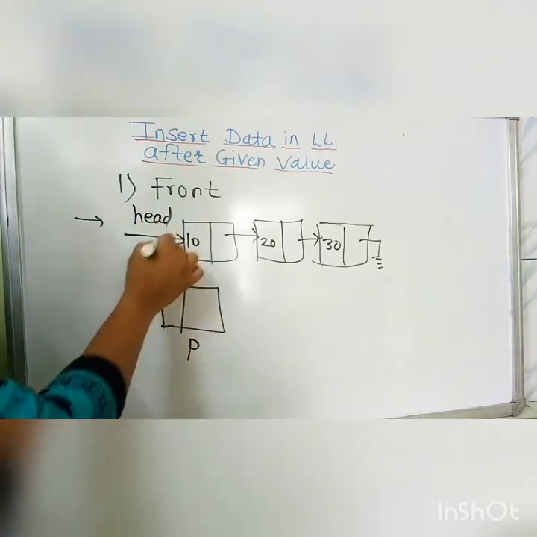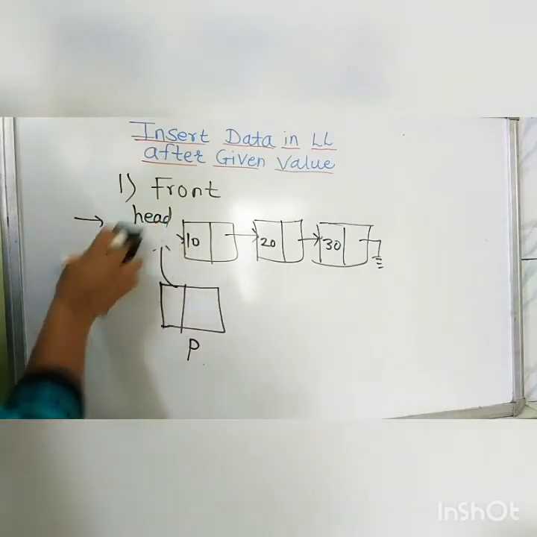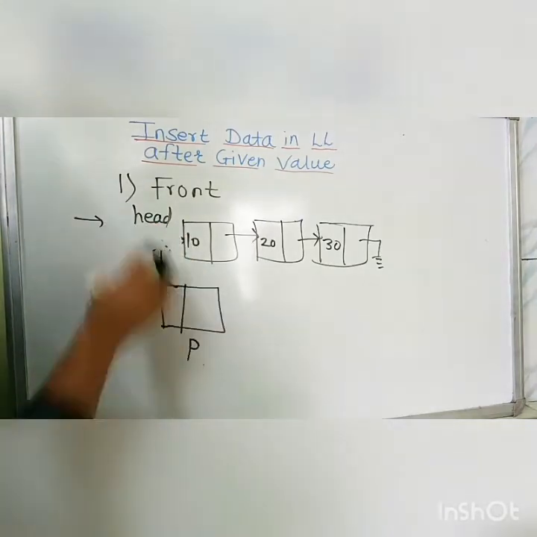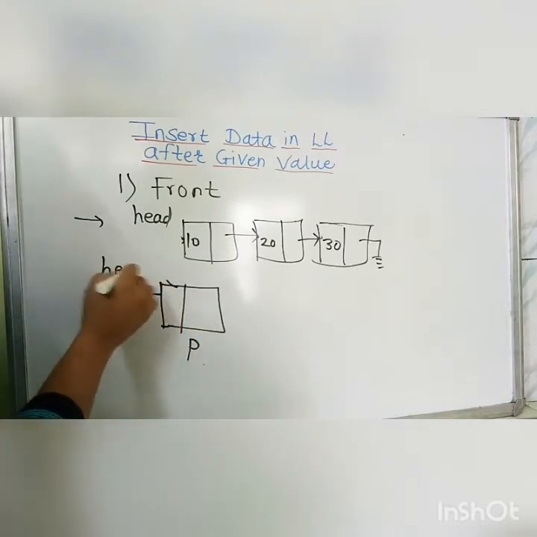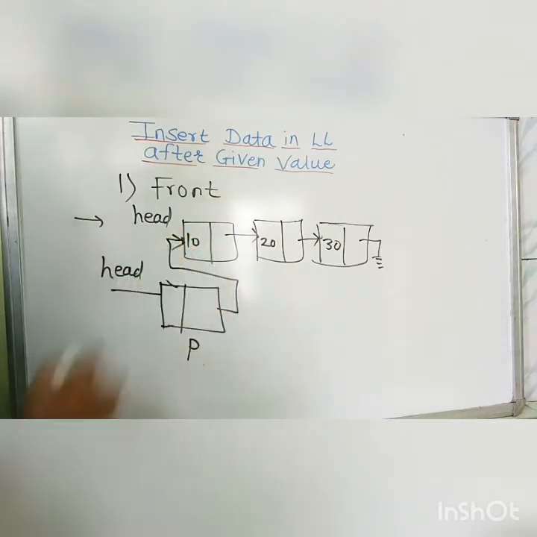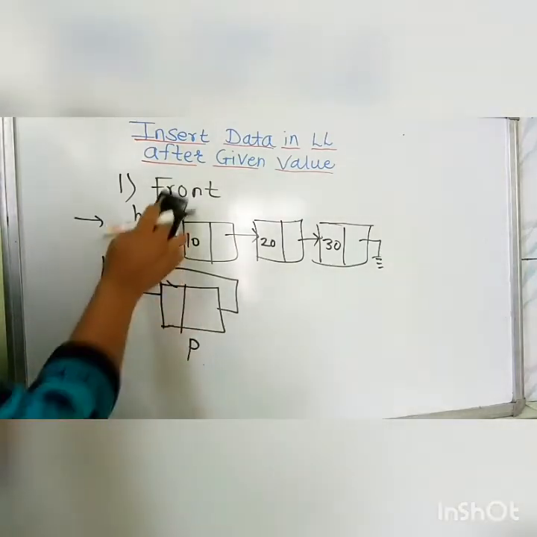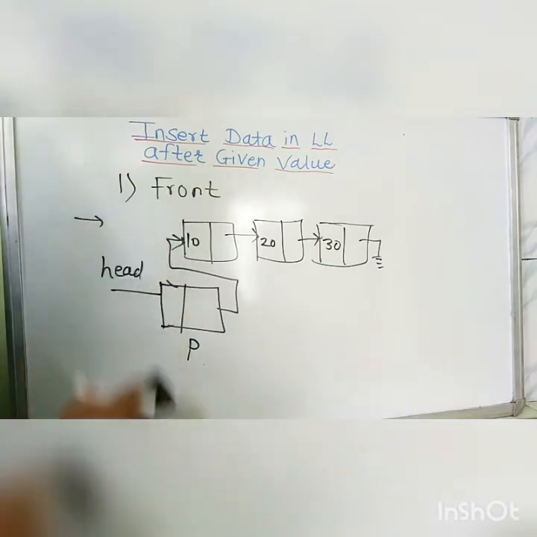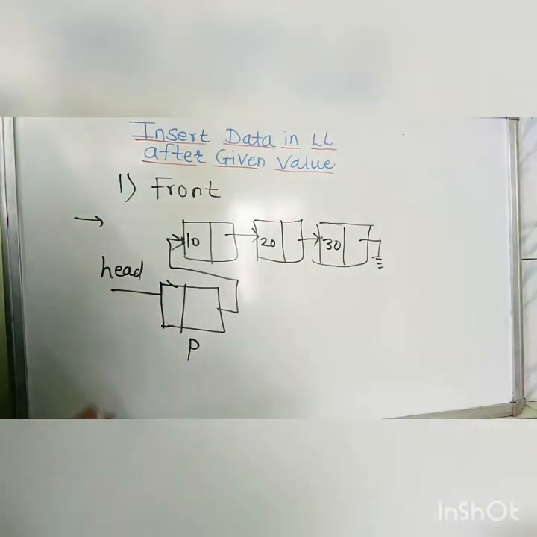The task for us is to shift the head to this node, and attach this to the previous head. Now we see that our head is shifted and the node is inserted at the front of the list.